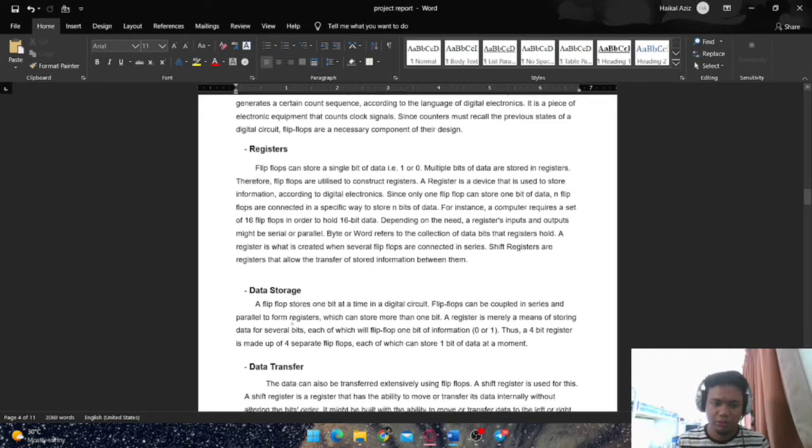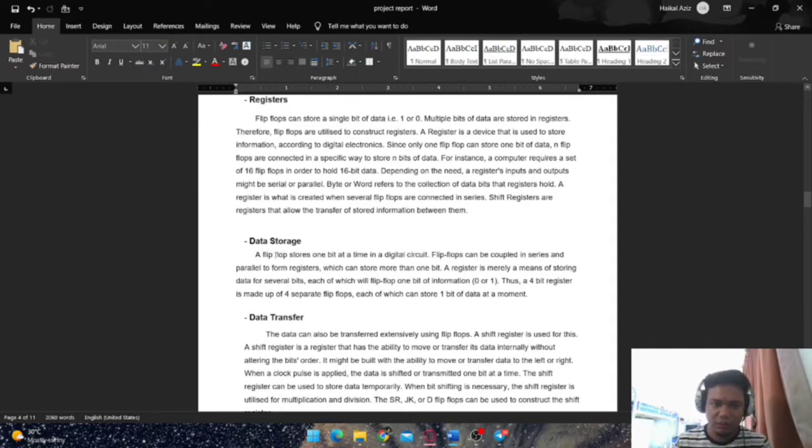Next, data storage. Flip-flops store one bit at a time in a digital circuit. Flip-flops can be coupled in series and parallel to form registers, which can store more than one bit.